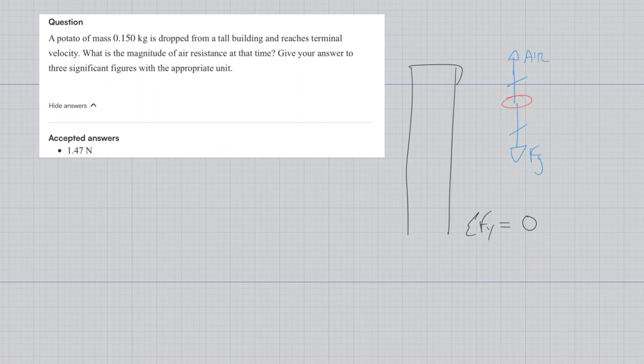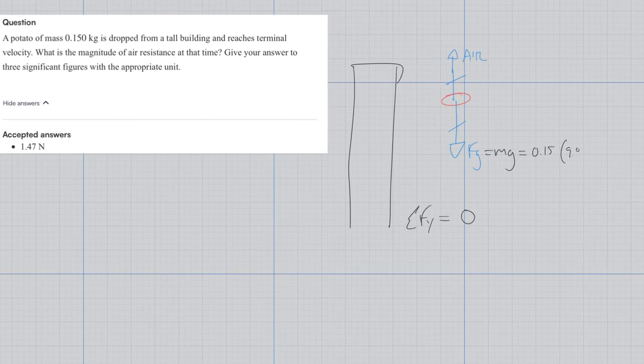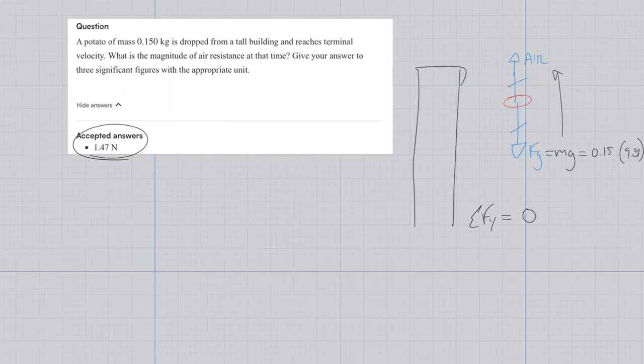So what we need to do is solve for my force of gravity, which is mass times g, which is 0.15 times 9.81. Whatever that value is going to be, it's going to equal my air resistance, and that's going to give us a value of 1.47 when answered with 3 sig figs.